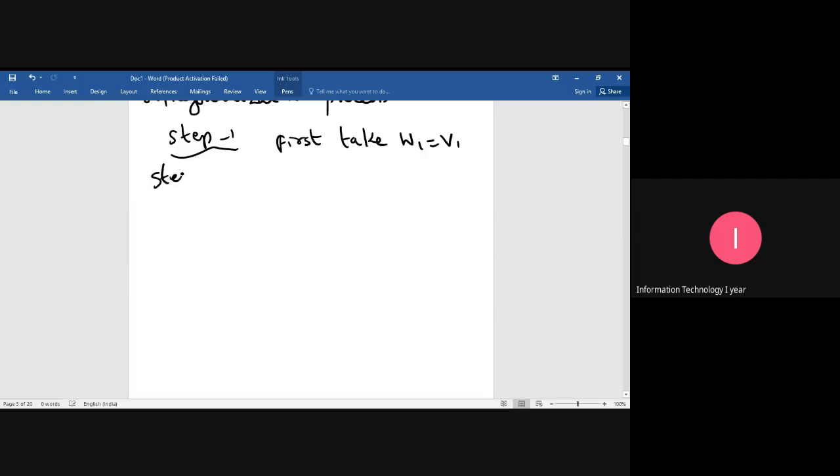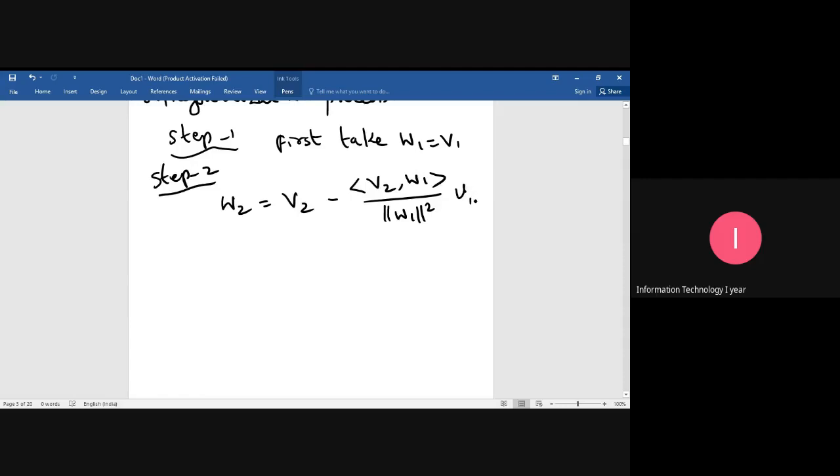In step 2, for finding W2: W2 equals V2 minus inner product of V2 comma W1 divided by norm of W1 squared, into W1.